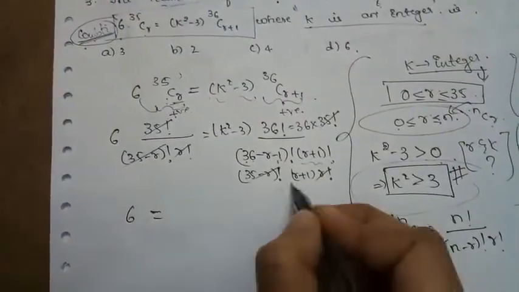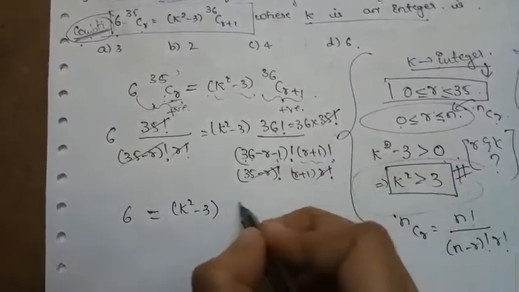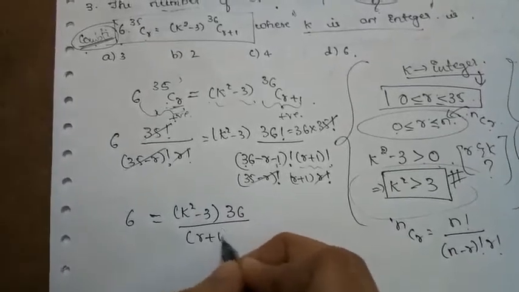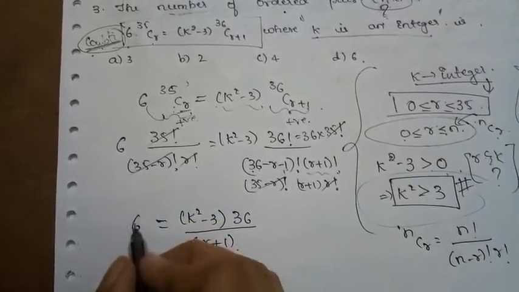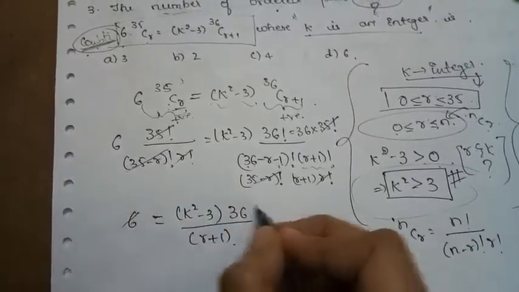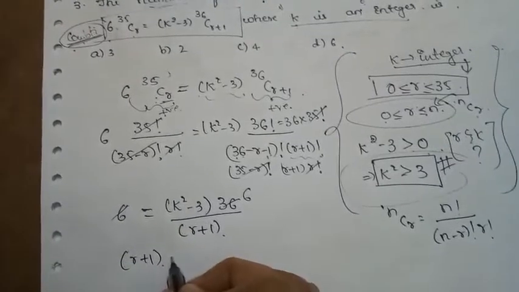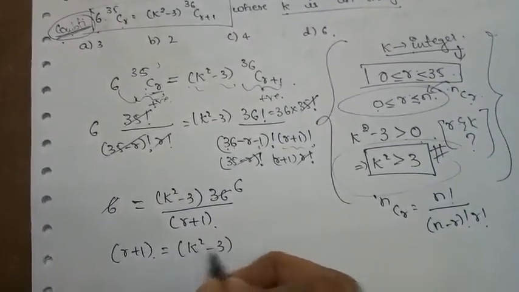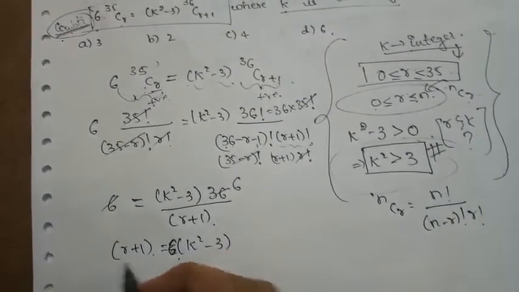So what is remaining on the LHS and RHS? 6 is equal to (k square minus 3) times 36 divided by (r plus 1). Bringing this r plus 1 to the LHS, 6 ones are 6, 6 are, so bringing r plus 1 to the LHS, it is nothing but (r plus 1) into 6, or I am taking this 6 to the LHS itself.